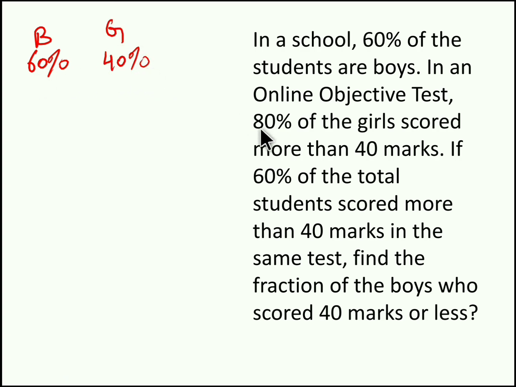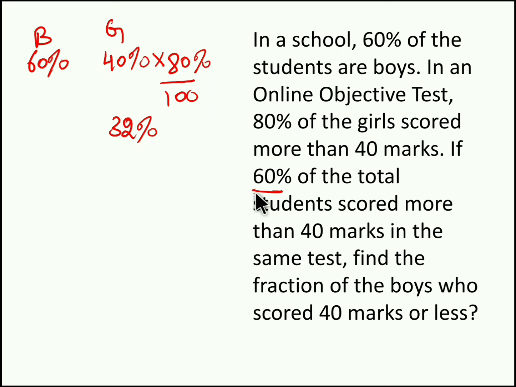Now in the question it is given 80% of the girls scored more than 40 marks. So 80% of 40% is nothing but 32%. So out of 40% of girls, 32% scored more than 40 marks.